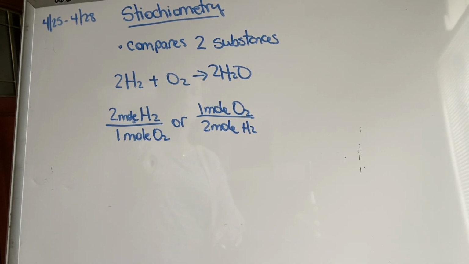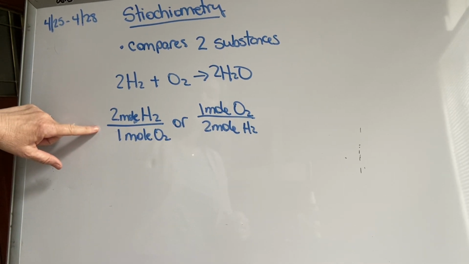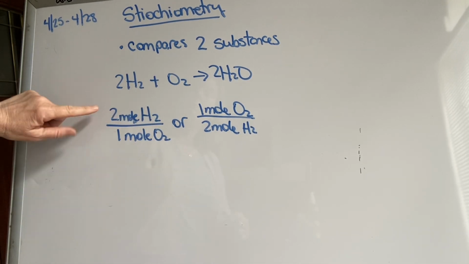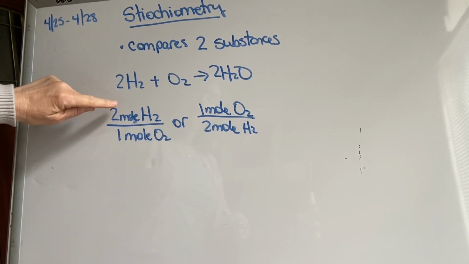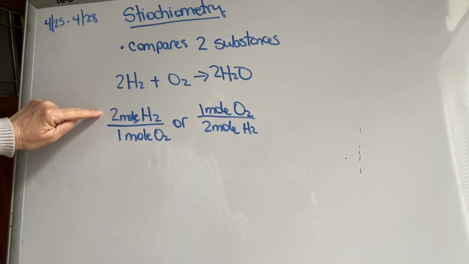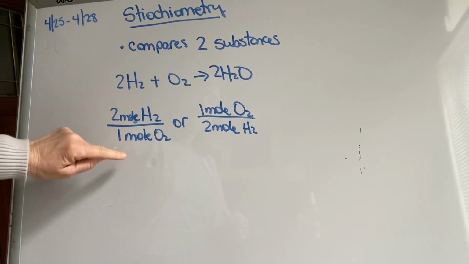And the way that looks when we're doing stoichiometry is something like this. If we want to compare hydrogen and oxygen, we say for every 2 moles of hydrogen, there is 1 mole of oxygen. Okay, so there's our comparison.